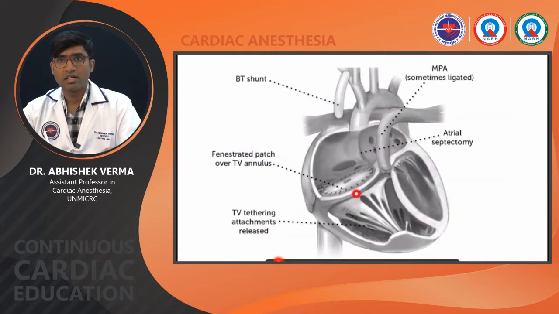Here is the tricuspid valve annulus, and we patch it with autologous pericardium, and a 4 mm or 5 mm hole is created in this patch to decompress the right ventricle. Atrial septostomy is done to divert the blood flow, and we do a BT shunt to improve the pulmonary blood flow and decrease the symptoms of the patient.